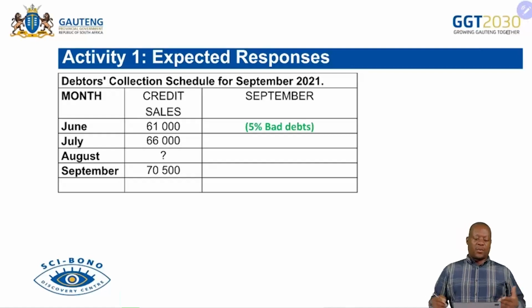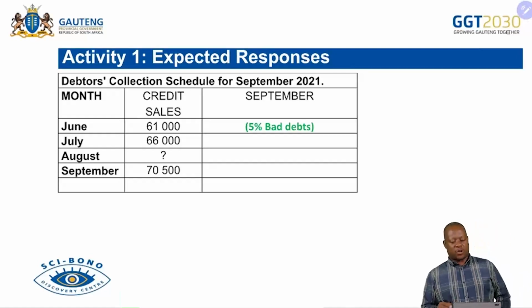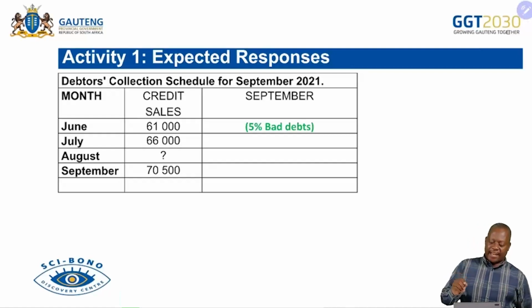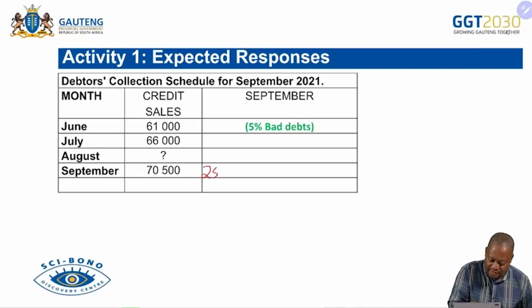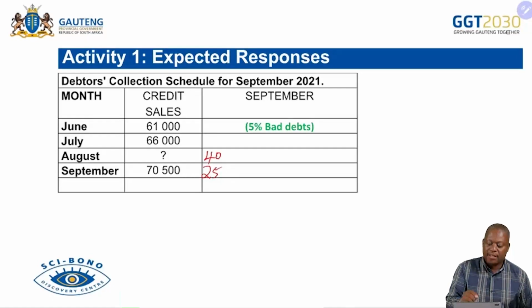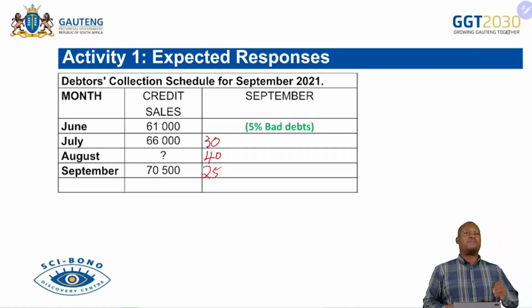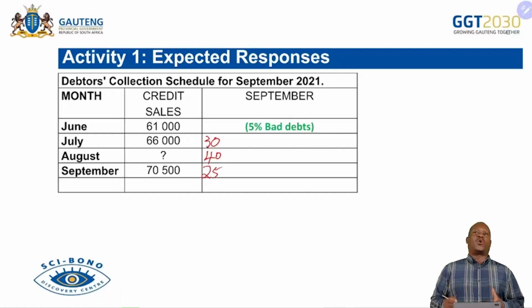Now, let's deal with this now. Please take note. Because we said the collection is going to be such that 25% here, and then 40% here, and then 30% here. When you add these three, it's 95%. It means we are only going to be able to collect 95% of the amount that our debtors are owing.